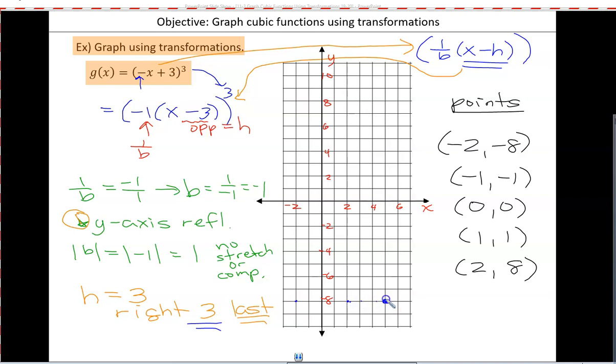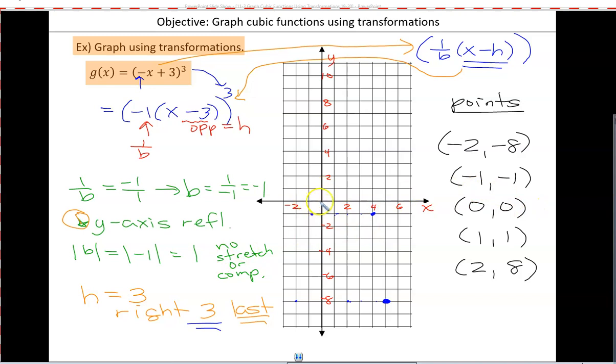And it ends up right there. Then I take my negative 1, which starts right here. Then it reflects across my y-axis, so it flips to the right side. And then it translates 3 units to the right: 1, 2, 3, and ends up here at 4, negative 1.